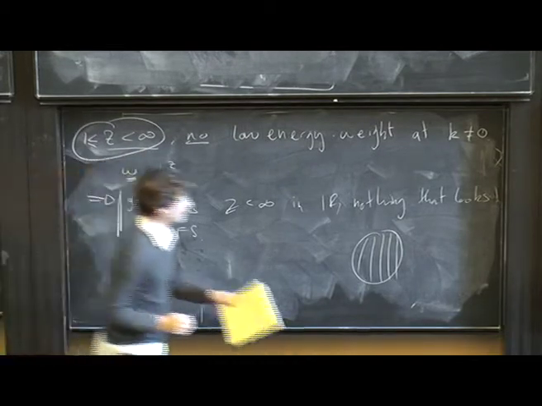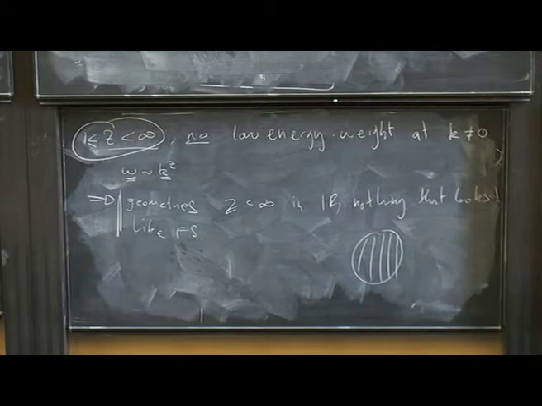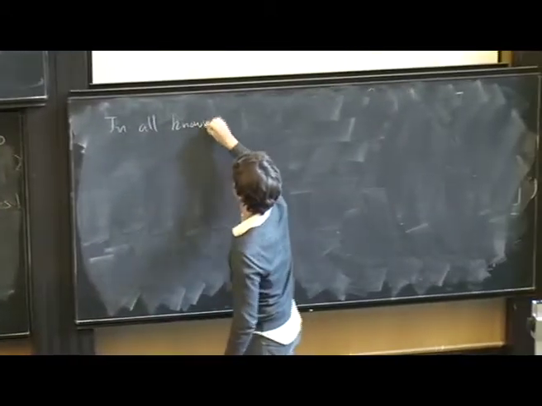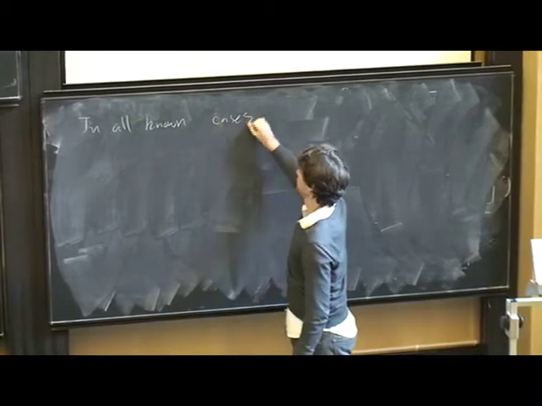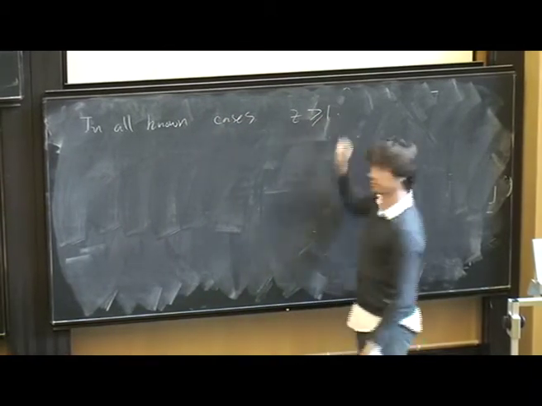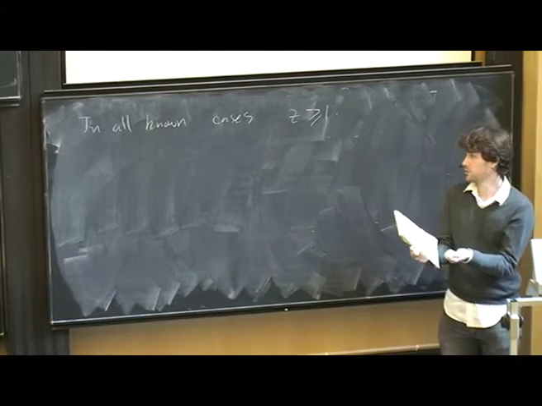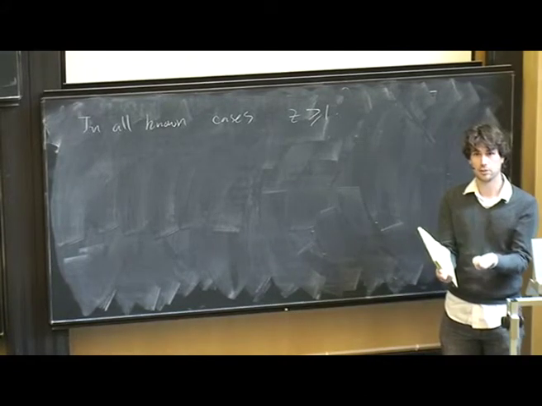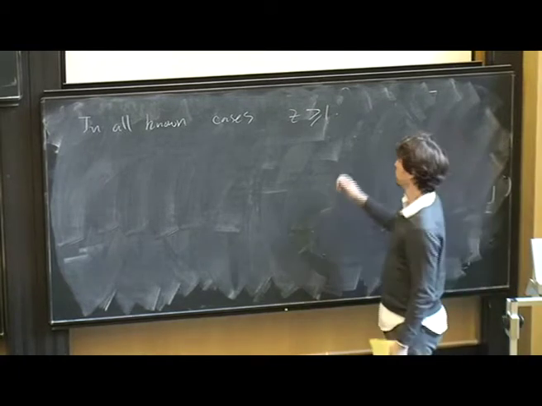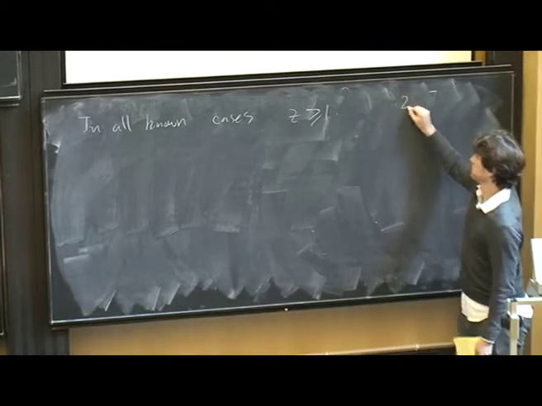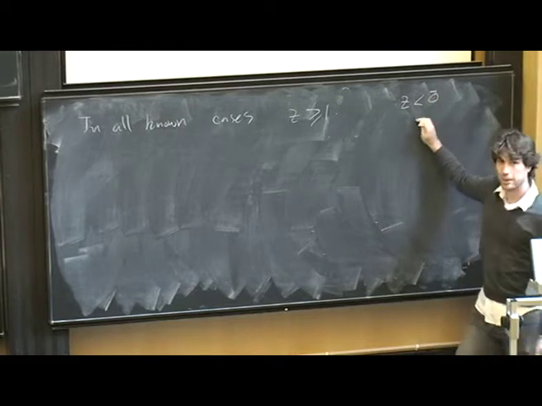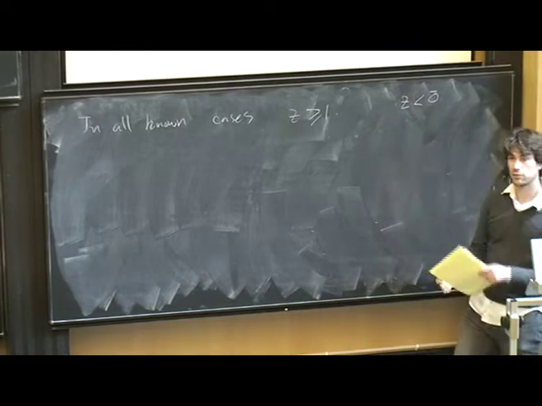Actually, let me make a comment about that. So in all known physical cases, in holography, z is always bigger or equal than 1. Okay? However, so what does this mean? So z is the relative rate at which time and energy scale. And so let's have an aside. Z negative, that would be very weird.